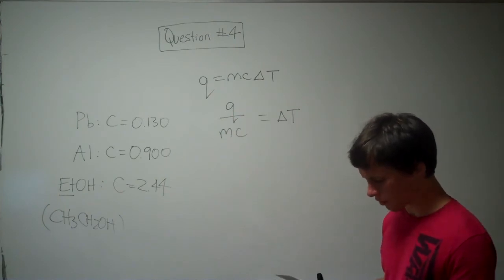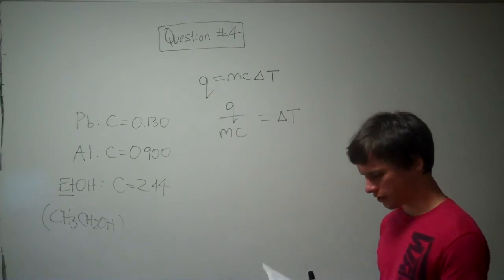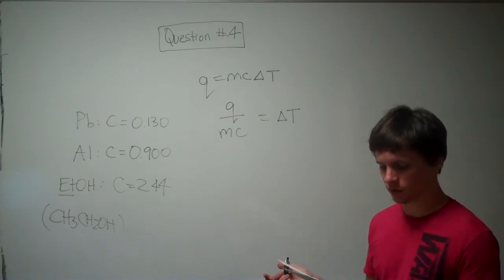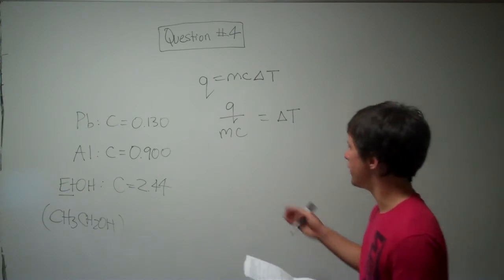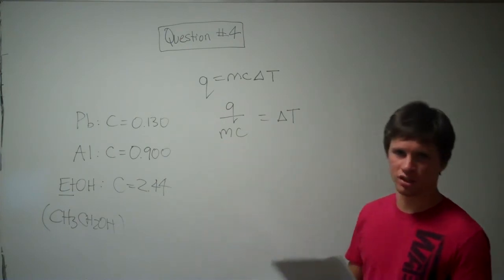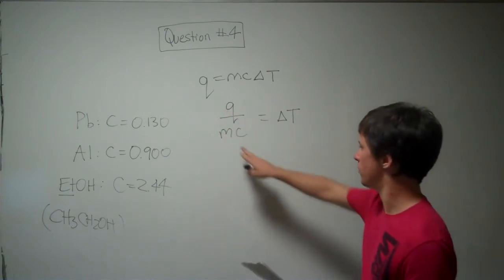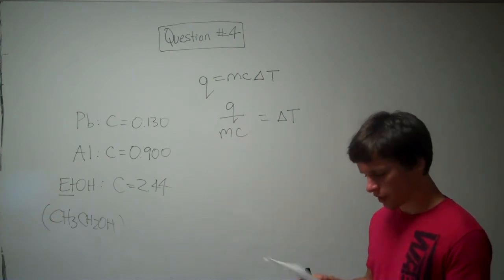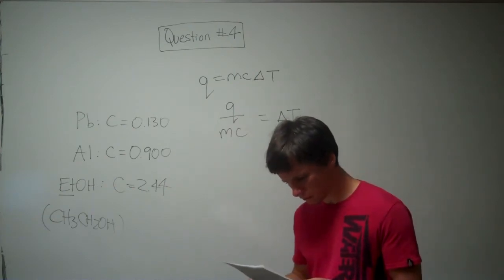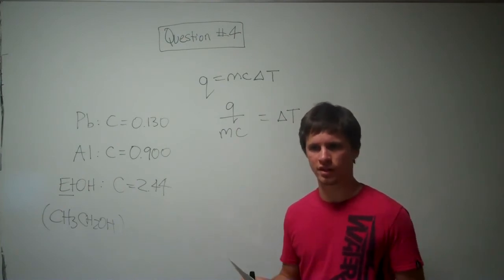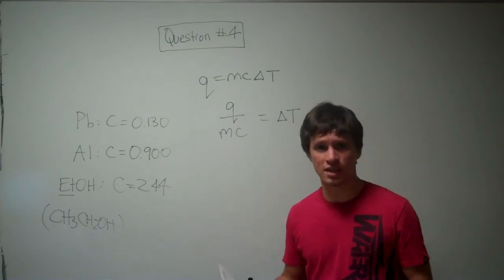So let's think about this problem for a second. It says that there's 1 kilogram of each sample. So that means the m for all 3 of these species is going to be 1. Similarly, they are all placed in the heating furnace for 30 minutes, so they're subjected to the same amount of heat.